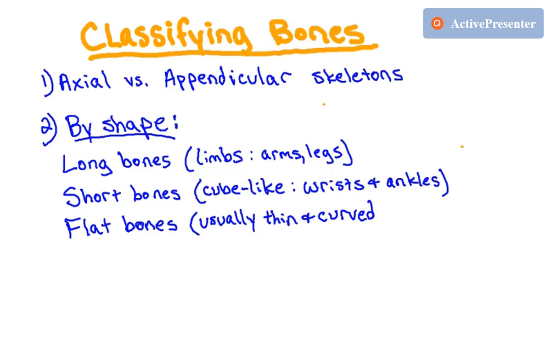So they're not flat as in straight up and down. They're flat as in they're skinny. From the thin and curved bones, your flat bones, you're going to have your ribs. So that's a good example of flat bones being thin and curved.